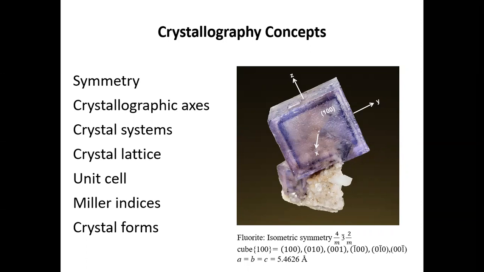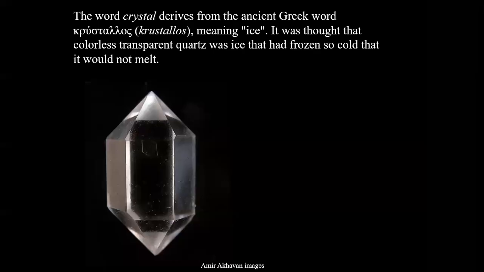The unit cell, which is the smallest unit within a crystal lattice or crystal structure. Again, Miller indices, which are the numbers that we use to assign to crystal faces. And crystal forms, which are the sets of symmetrically equivalent crystal faces that lead to the shapes that we see within crystals. So let's start with the origin of the term crystal and our understanding of what crystals are today.